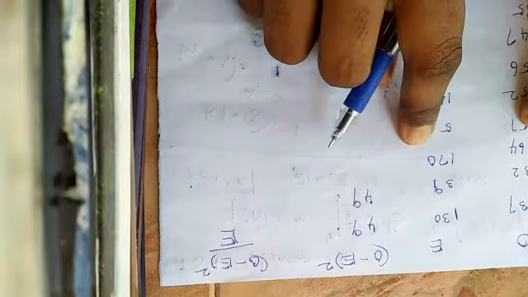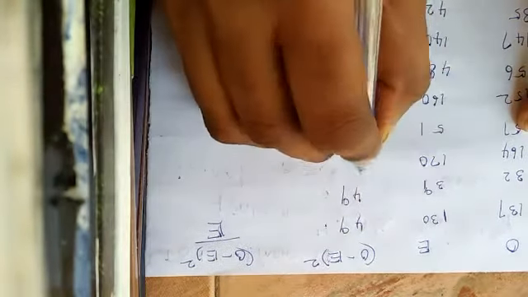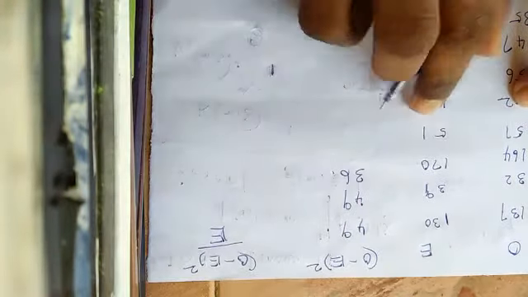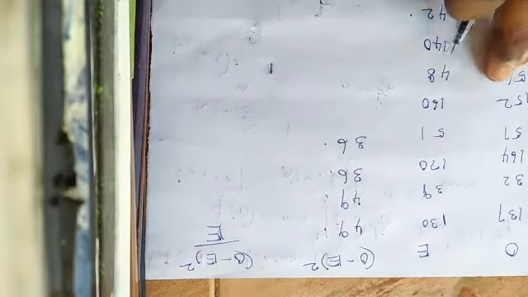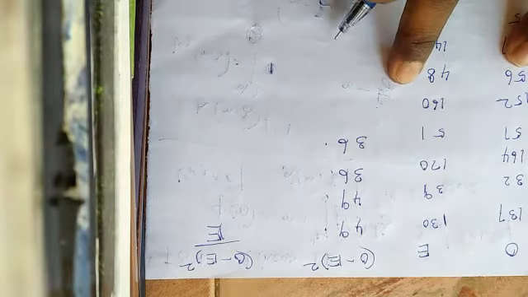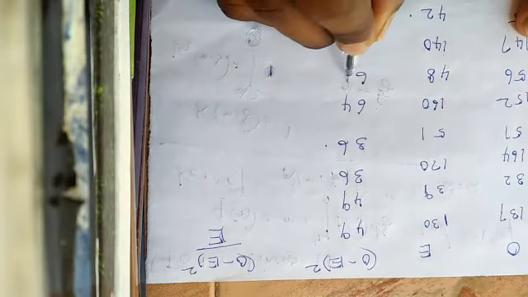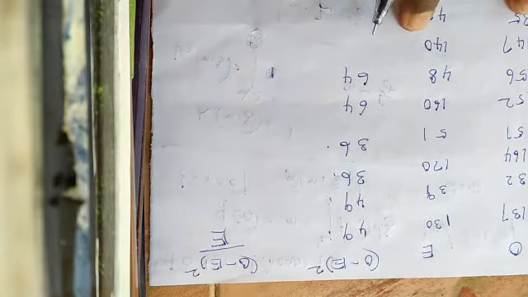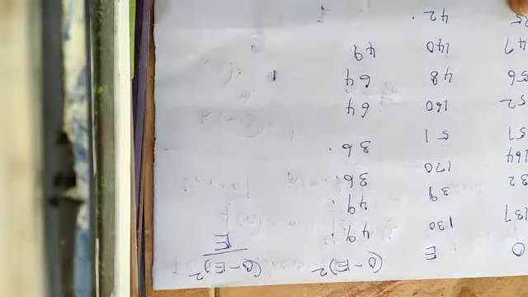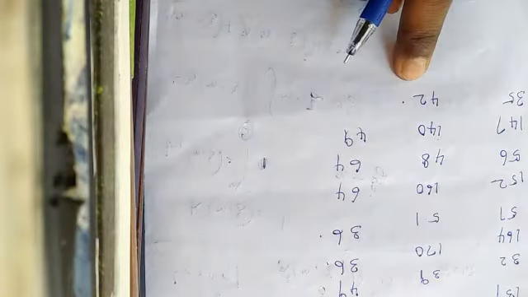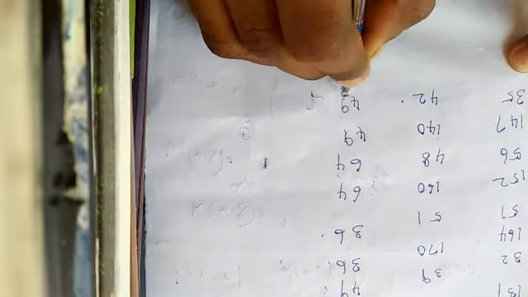Here 164 minus 170, 6, 36. 57 minus 51, 6, 36. 152 minus 160, 8, 64. 56 minus 48, 8, 64. 147 minus 140, 7, 49. 35 minus 42, 7, 49.